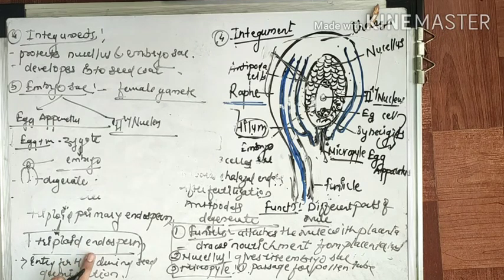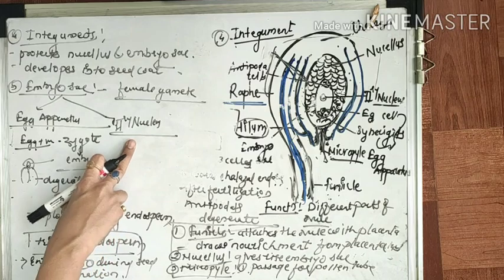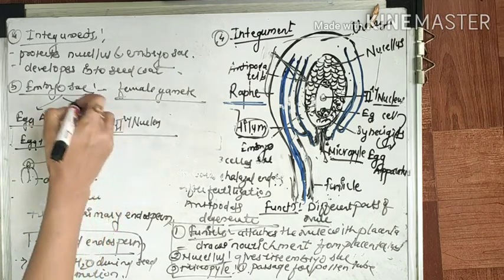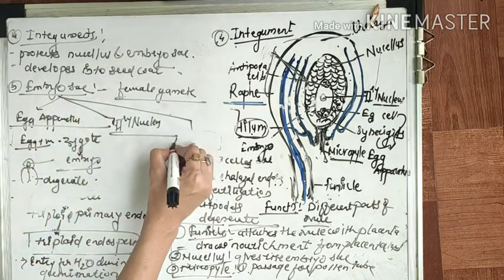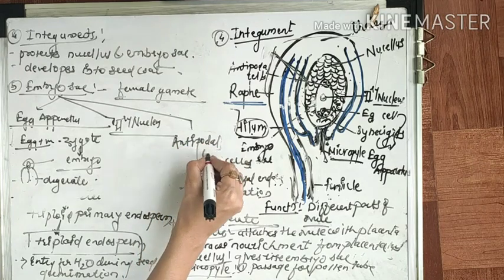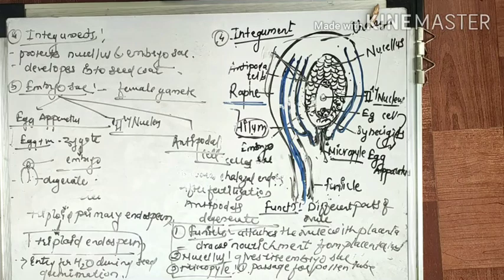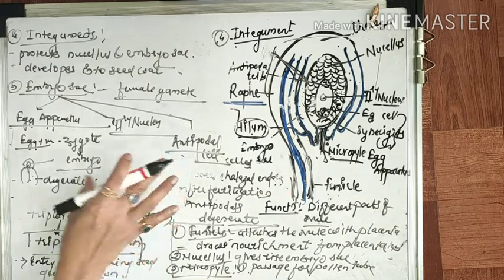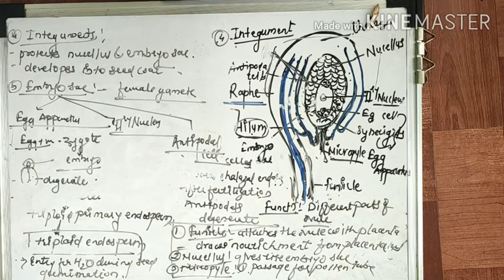That is the function of the secondary nucleus. The next part is called the antipodal cells. What is the function of the antipodal cells? After fertilization, they degenerate. So this is all about the structure of the ovule.